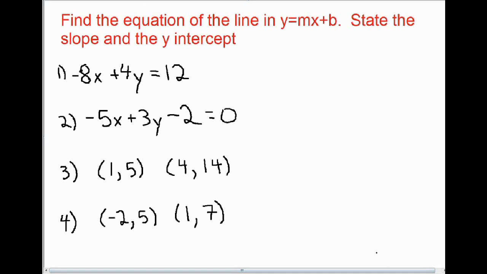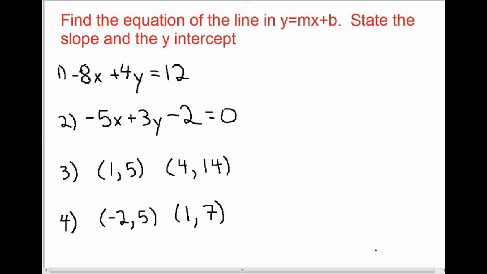So to finish off our introduction to finding the equation, I'm going to get you to try a couple of questions here. For each one of these questions, I want you to find the equation of the line written as y equals mx plus b. You'll notice the first two questions are already equations, but they're not written as y equals mx plus b. So what you're going to need to do is rearrange those equations to isolate y.